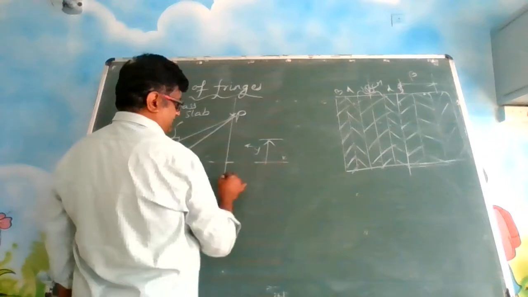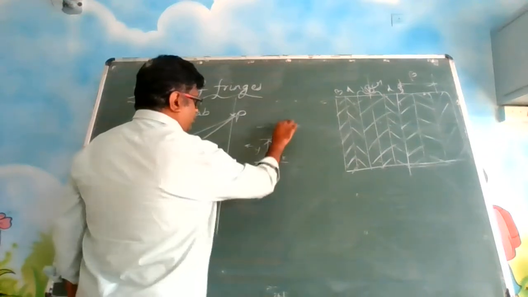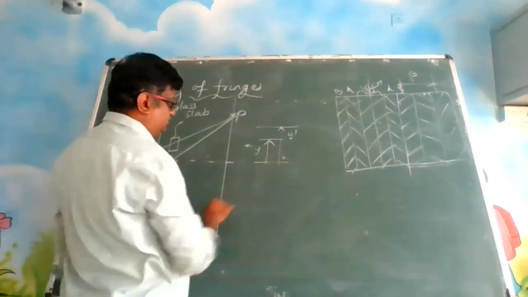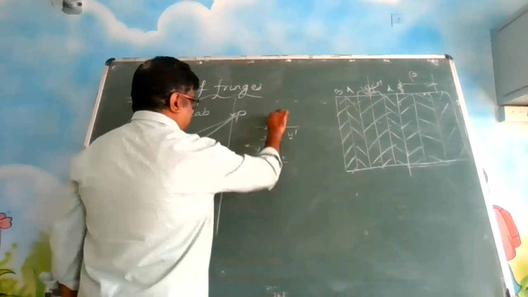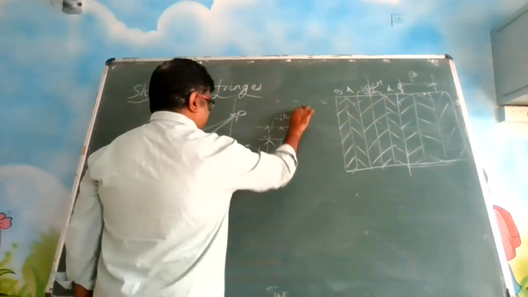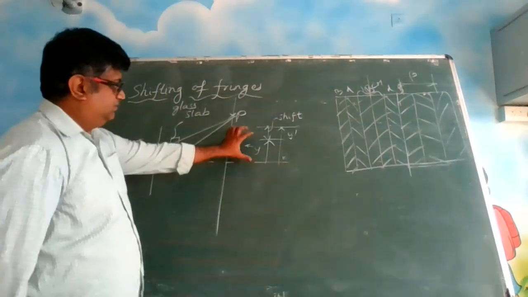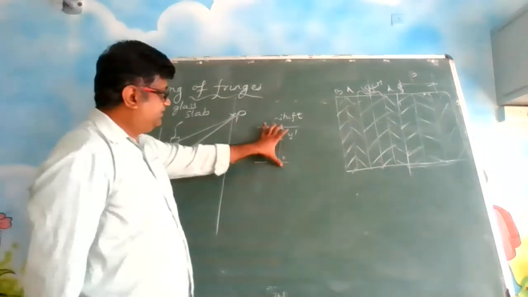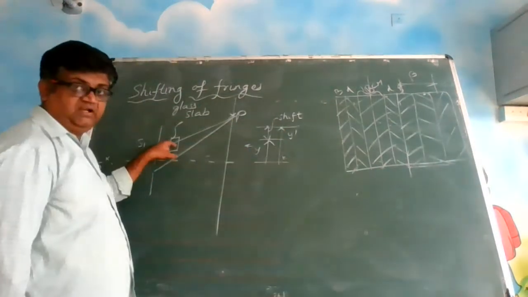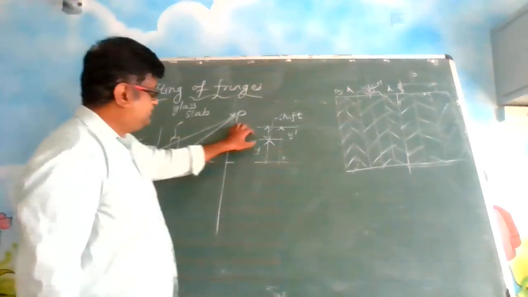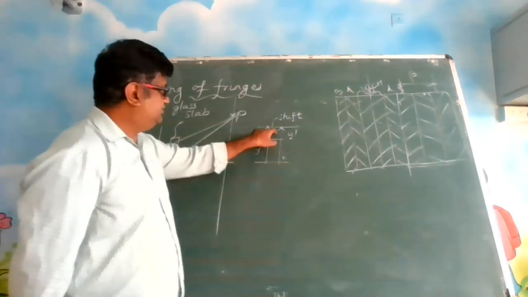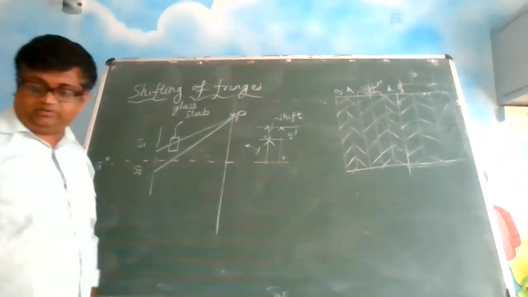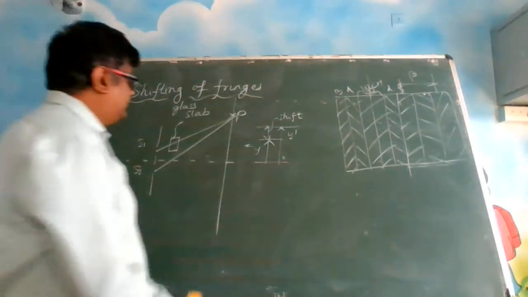I will say Y. Now the new location is Y dash. So this is my shift. The fringe was supposed to be here, now it is here because you put a glass slab here. So what is my shift? Y dash minus Y. This is my shift. So we will calculate that.